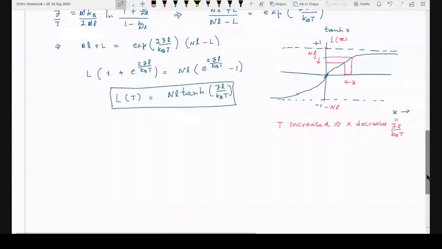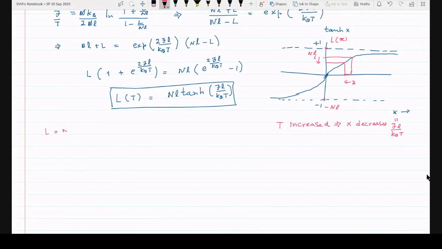Now, if you want to understand why this happens, look at the entropy of the system. Suppose let's say that your capital L is equal to NL. Let's say this is the macro state.